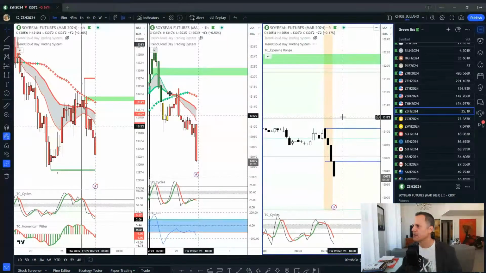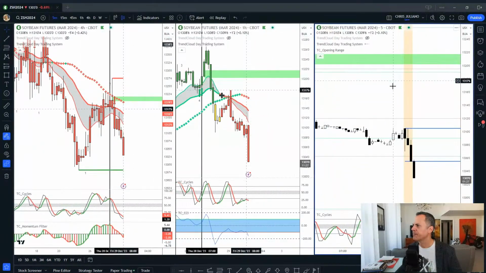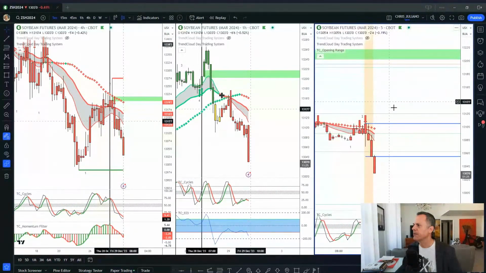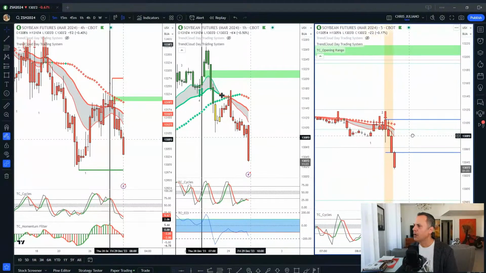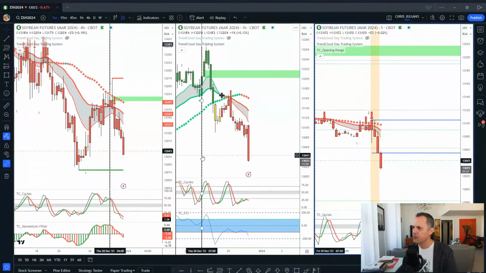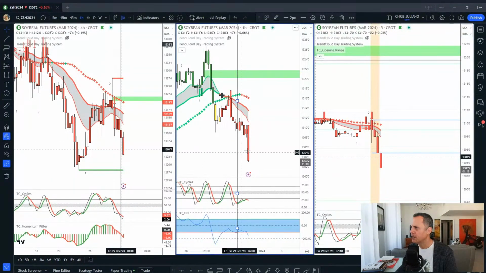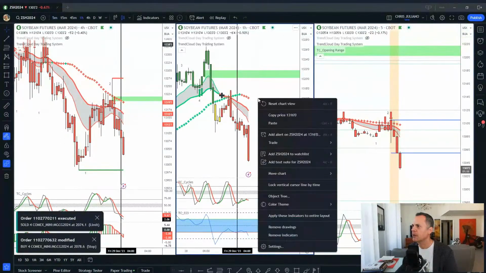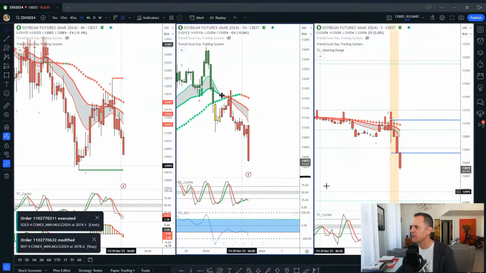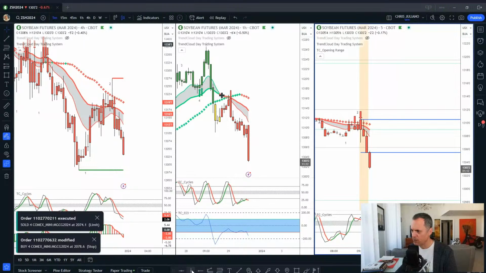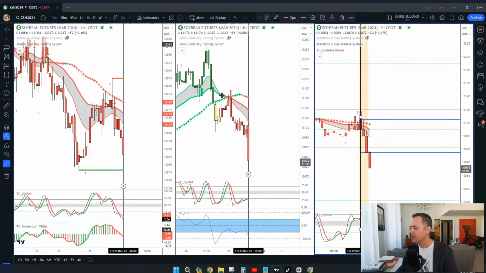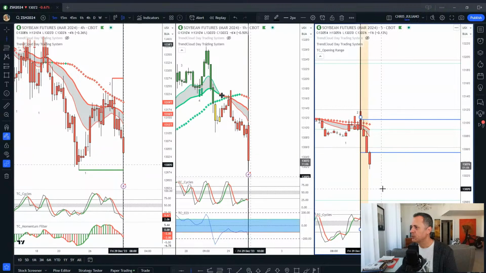Come on, TrendCloud, where are you? There you go. So I know Kazi's been using that 5-minute signal a lot. We get the signal right here at 9:30, and then boom, we're making progress.